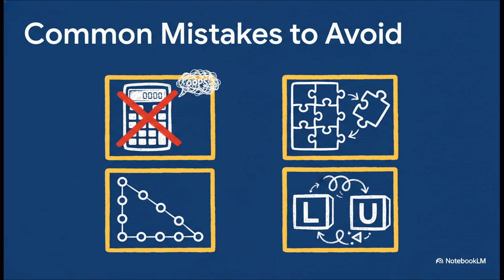But the number one mistake, far and away, is messing up the L matrix. People forget to put the ones on the diagonal, or they put the multiplier in the wrong spot. You absolutely have to remember, the multiplier you use to create a 0 in, say, row 3, column 1 of U, that exact multiplier goes into row 3, column 1 of L. So my advice is simple. Be neat, be systematic, write everything down, and double-check your work.